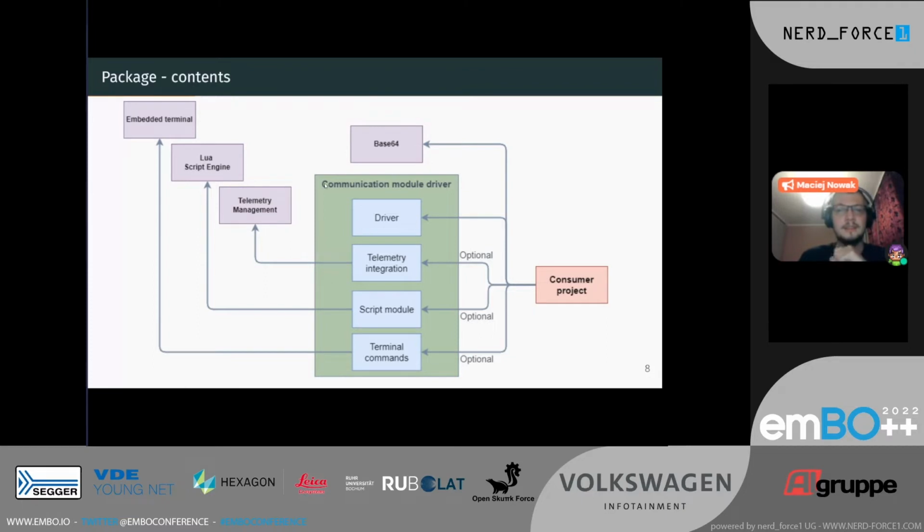And communication module driver has different components that depend on different infrastructure-like components. But you as a consumer, you select which components you want to use and which dependencies will be pulled into your project. So the opt-in capability is very important for us.